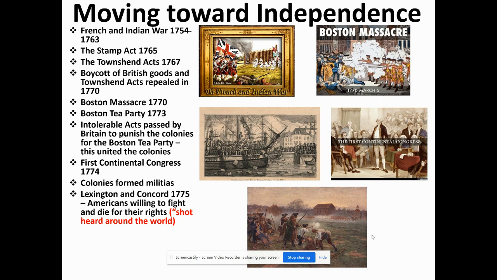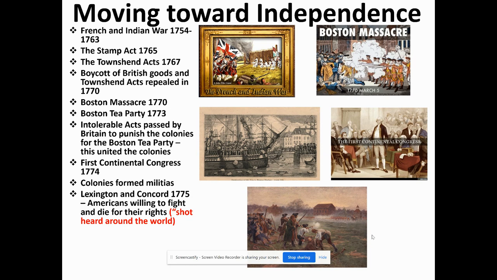And because of that, they start taxing the colonies. They need help paying for this war, so they start taxing the colonies and expecting the colonists to help pay for it. Now the colonists feel like they're being overtaxed, that they're not receiving any kind of representation or voice in the British Parliament overseas with the king.